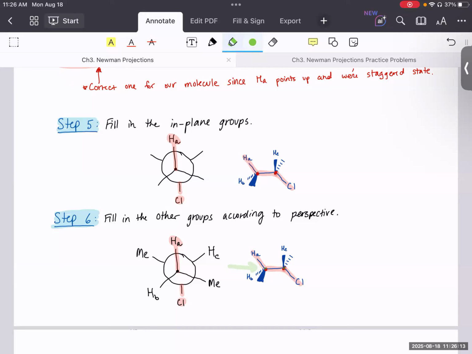And so we have this front methyl that I'll highlight in green, and HB, which end up being bonded to the front carbon. And then we have HC and the methyl group in the back.